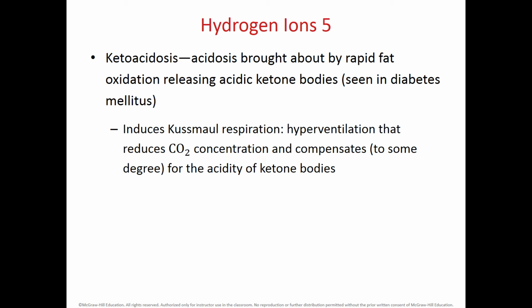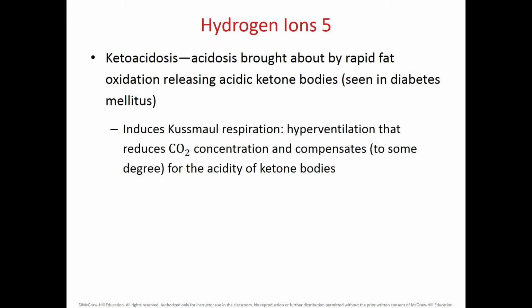Now, a case for acidosis is something as well that we call ketoacidosis, in which someone might have ketone bodies in their blood as a result of degrading fat molecules through fatty acid oxidation.